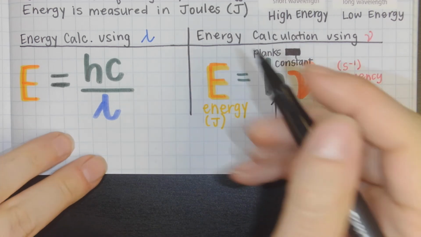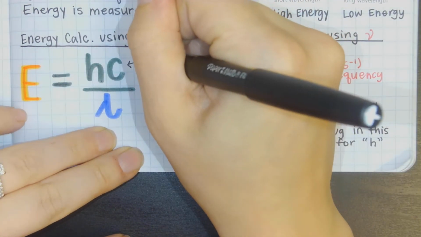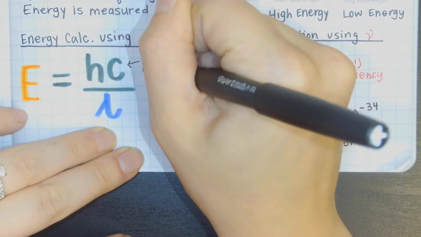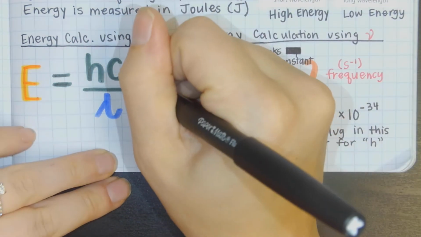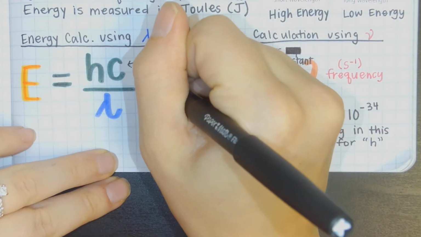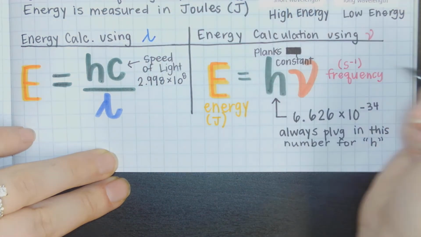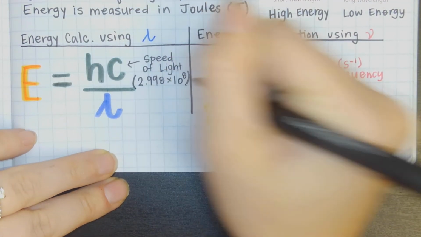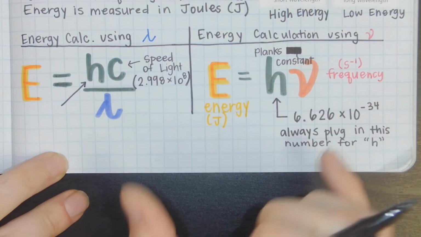So when you run this problem, for C, which is the speed of light, the previous page said whenever you see letter C, plug in 2.998 times 10 to the 8 meters per second. Letter H, this is our new one.